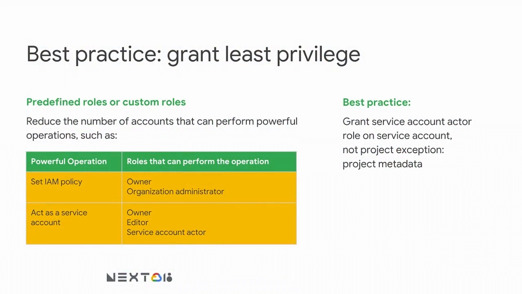In the beginning, I talked about the super powerful set IAM policy permission. And as they are so powerful, because you can grant additional policies, additional permissions to other people, and to yourself. Right? Remember that.